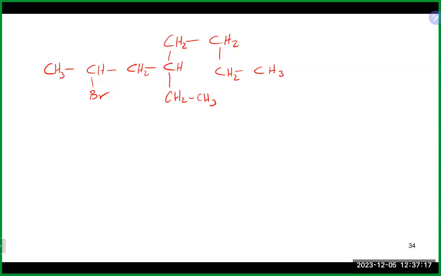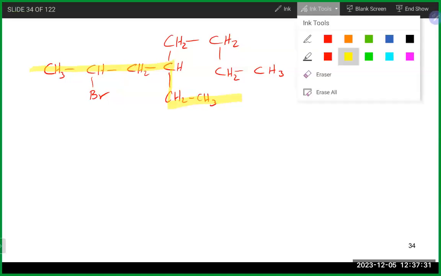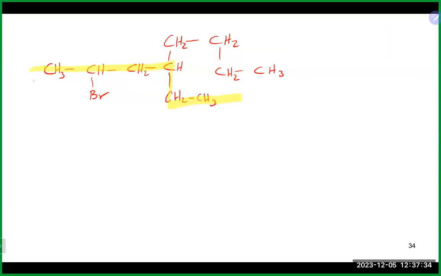Okay, so let's take a look. We always start with the longest carbon chain. So we could start here, go 1, 2, 3, 4, then down 5 and 6. So that's 6. We then could perhaps go 1, 2, 3, 4, go up 5, 6, 7, and 8. That seems pretty good.